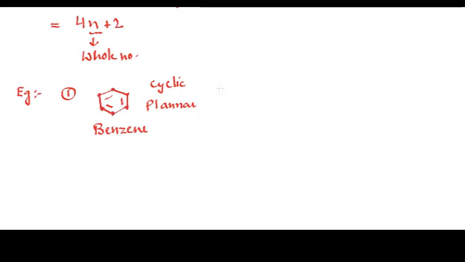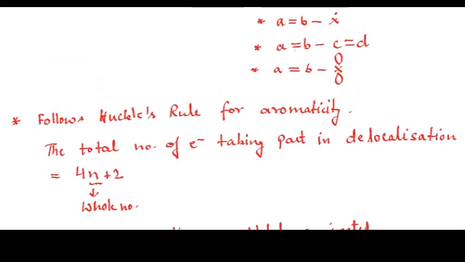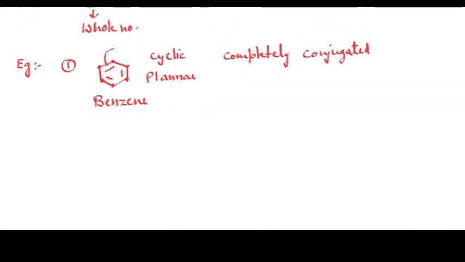Moreover, it is completely conjugated, and this we can easily check, because if we see the conditions for conjugation, there is one condition wherein we can see double bond to the alternate of double bond. Here we have double bond to the alternate of double bond, again double to the alternate of double, and again to the alternate double, which means the conjugation covers all the atoms making the ring, and hence it is called complete conjugation.